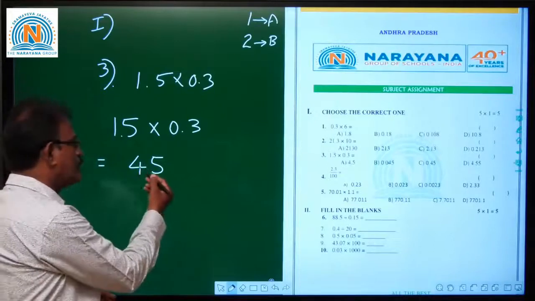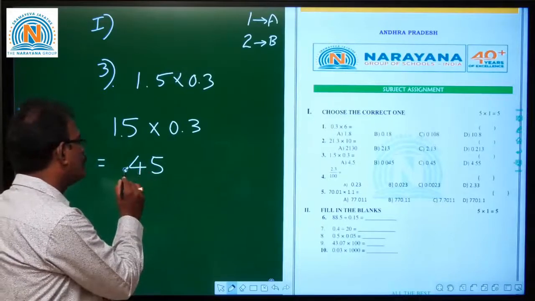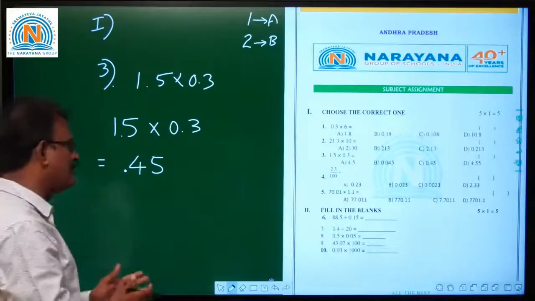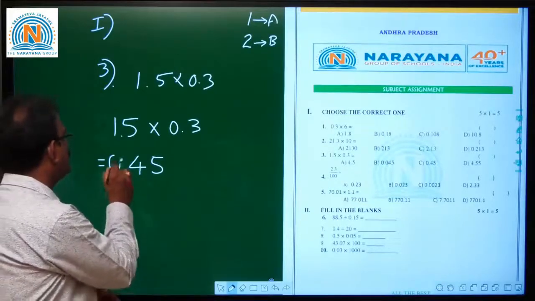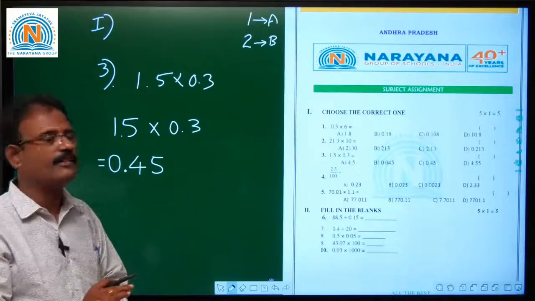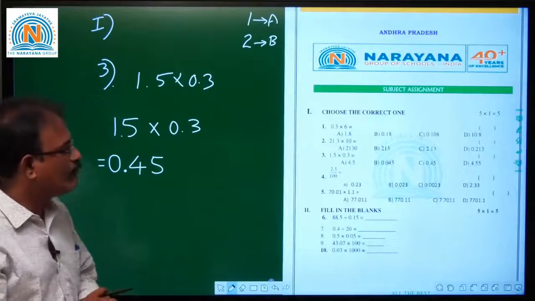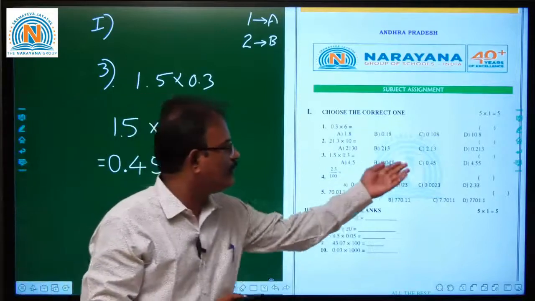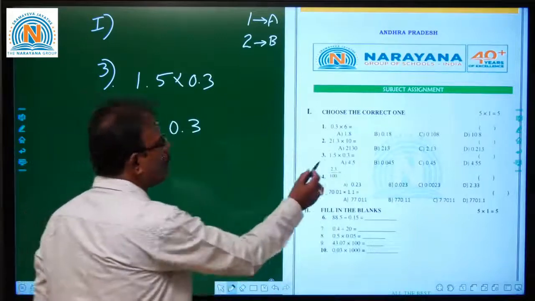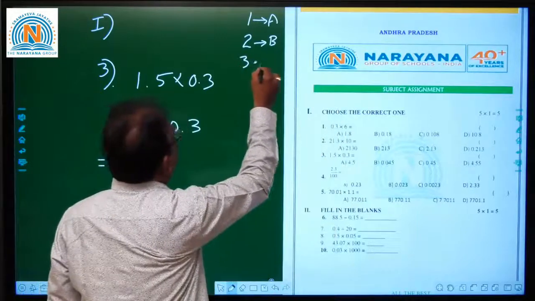So we need to keep the decimal point here. As there is no value in the integer part, let us take it 0. So what is the product of 1.5 and 0.3, children? This is 0.45. It is available in option C. So question number 3 is option C.